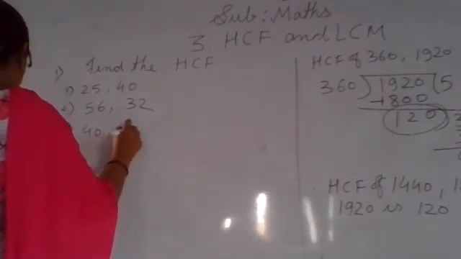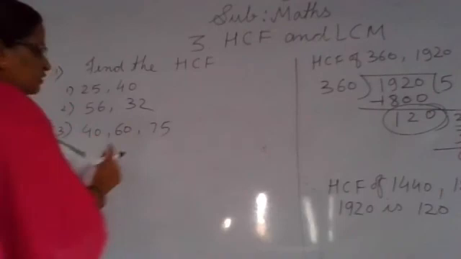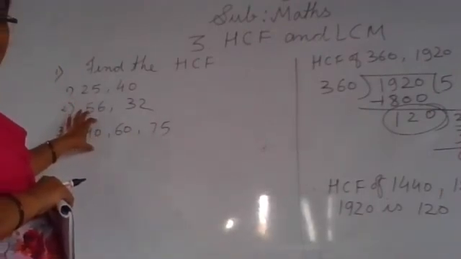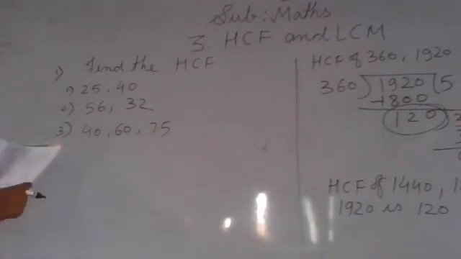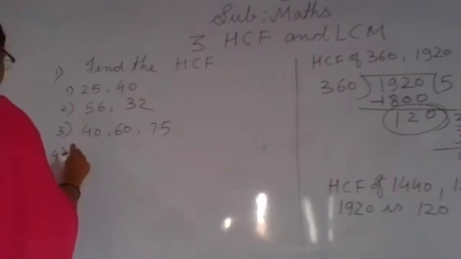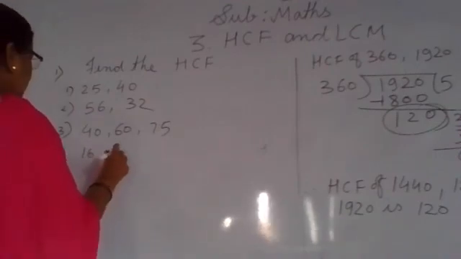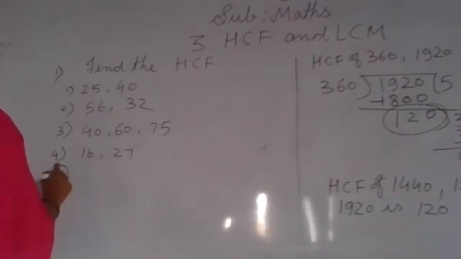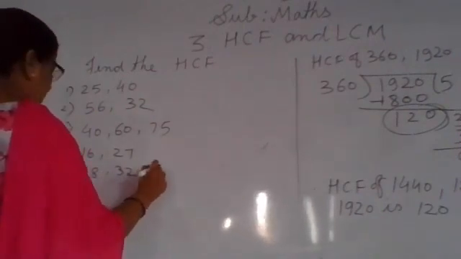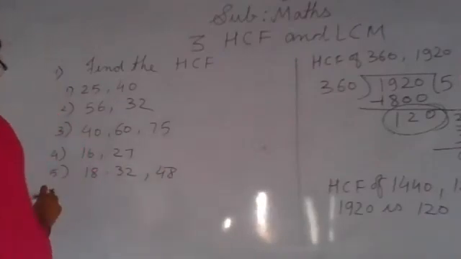Then 40, 60, 75. So you can use any one method, either the common division method or the prime factorization method. Then 16, 27, 18, 32 and 48.